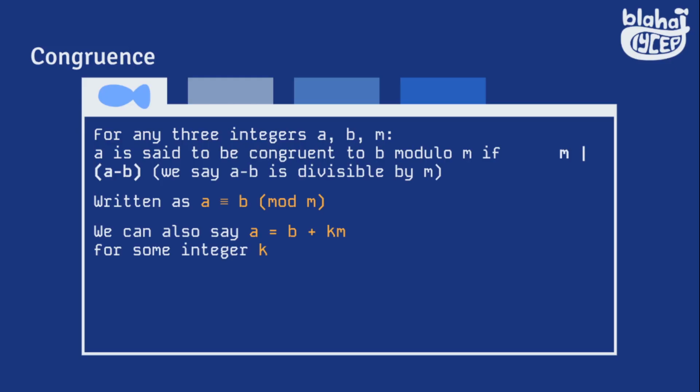What's 5 divided by 3 in terms of remainder? It's 1 remainder 2, right? So this means that 5 modulo 3 is equal to 2. Everyone following so far?